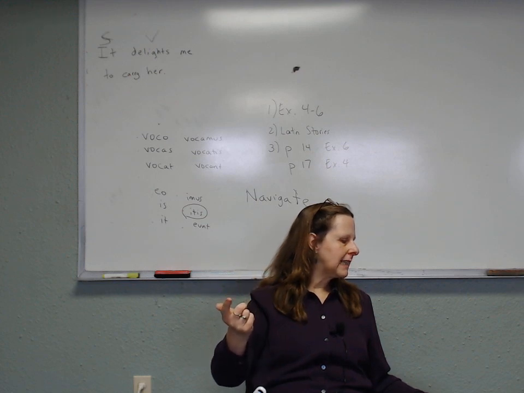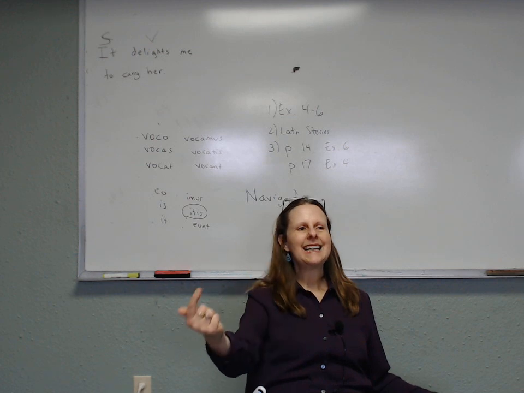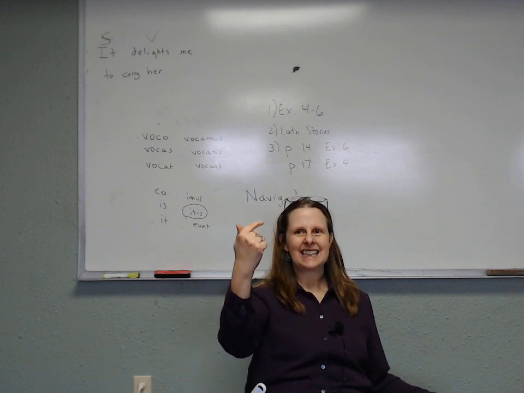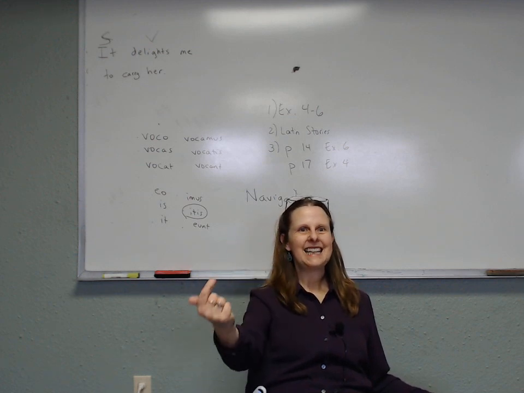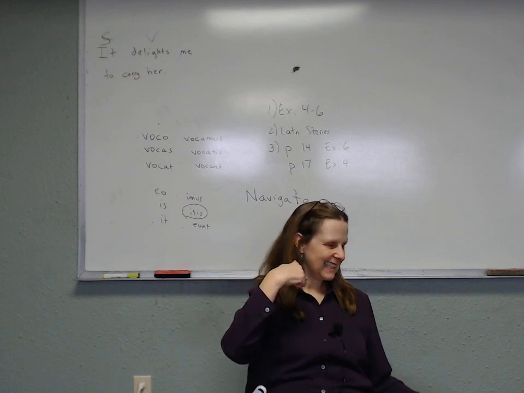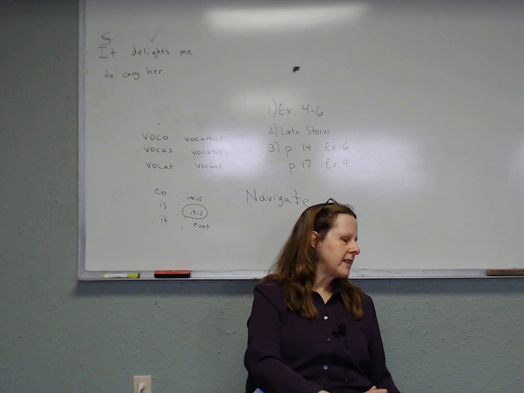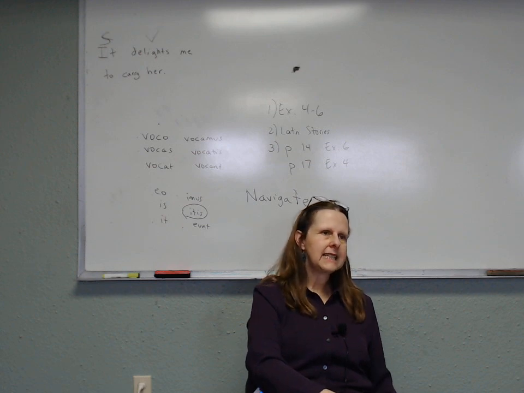Mopsus ille laetatur. He is made happy, right? He is happy, right? He rejoices. It happens to him. He rejoices because of what? What caused the rejoicing? By means of what?